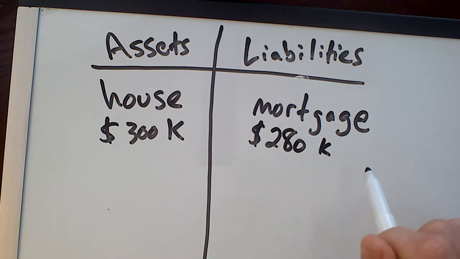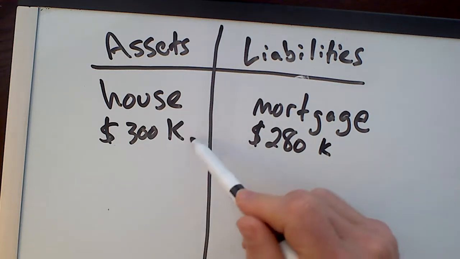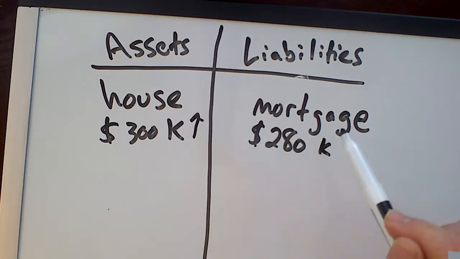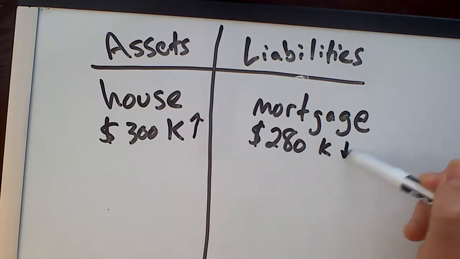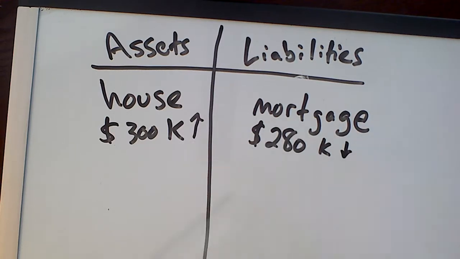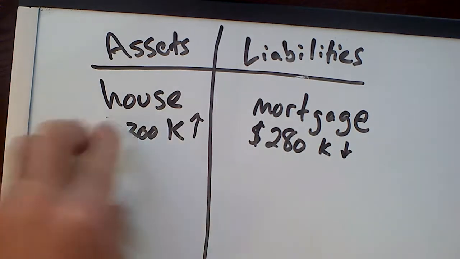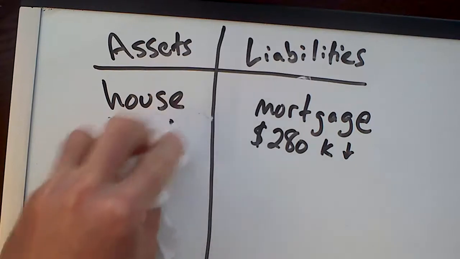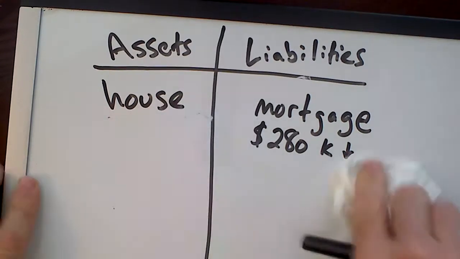Over time, if you're lucky, the value of your house goes up. Meanwhile, the value of your mortgage goes down as you make payments on it. And so if we were to come back and look at this T chart again after a couple of years, you might have a house that is gaining value.